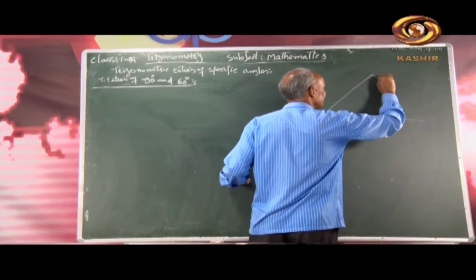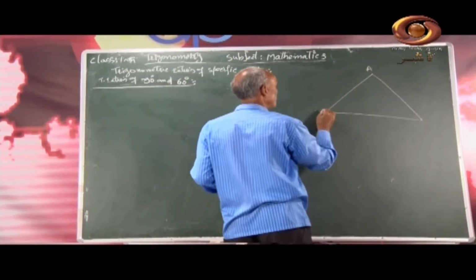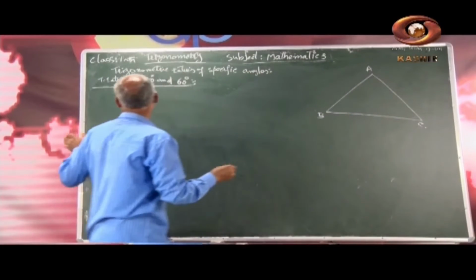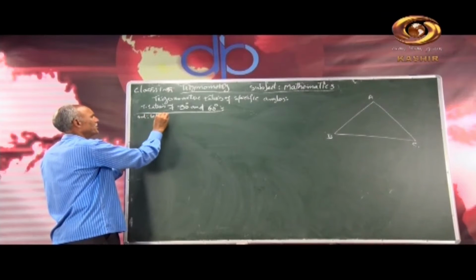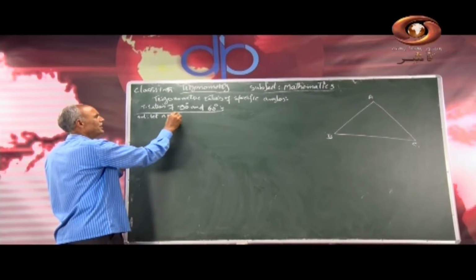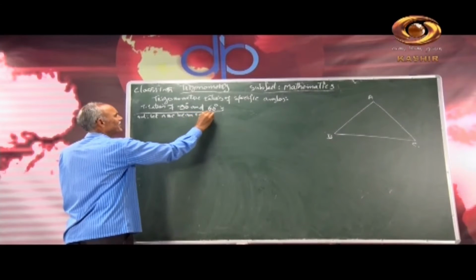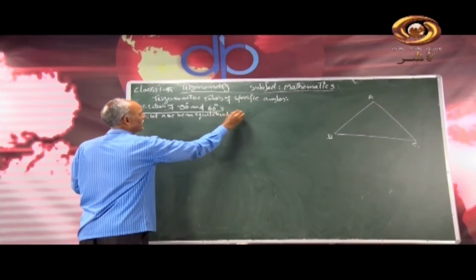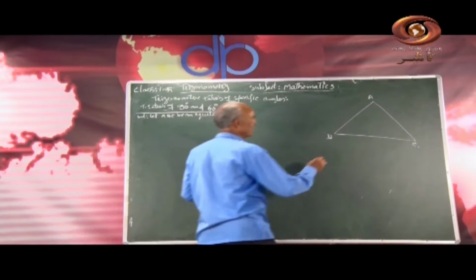Let ABC be an equilateral triangle, and we know that each angle of an equilateral triangle is 60 degree.